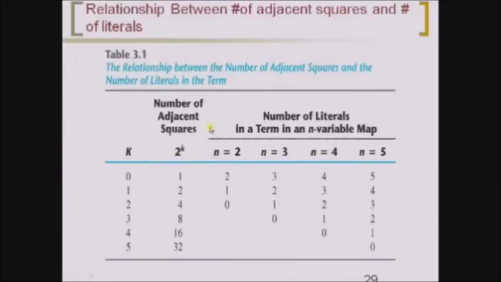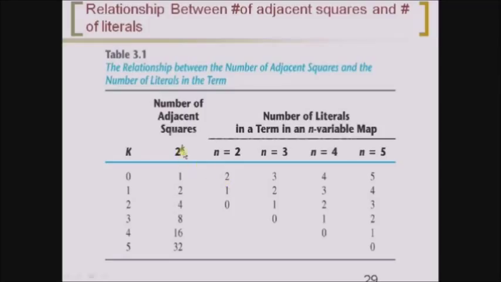Now let us see the relationship between the adjacent squares and the number of literals. Here the number of adjacent squares is 2 power k. If k is 1, that is if there is only one adjacent cell, then you will get the number of literals, that is if you are going with a 2 variable map, then the number of literals would be 2.